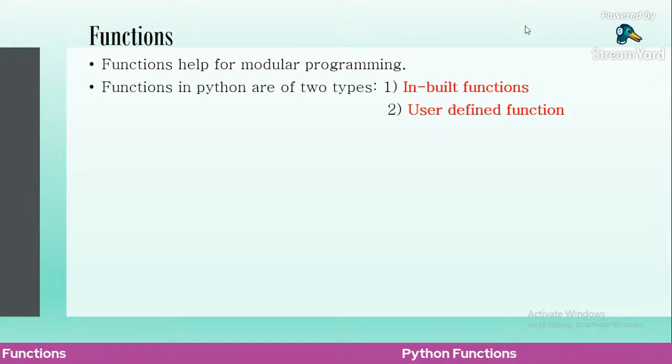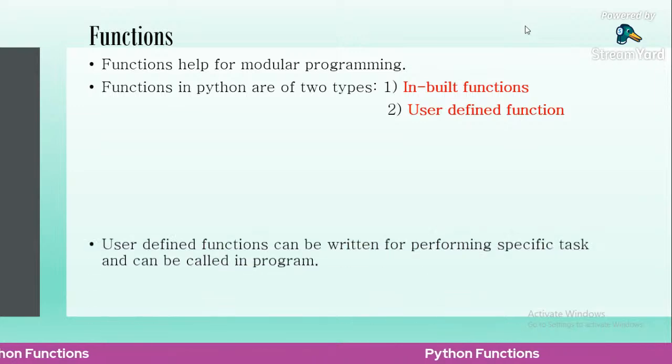So remember, inbuilt functions are already available in the Python environment. If I want to do some task again and again and the function is not available, then I can write my own function definition and call that function. It is called a user-defined function.